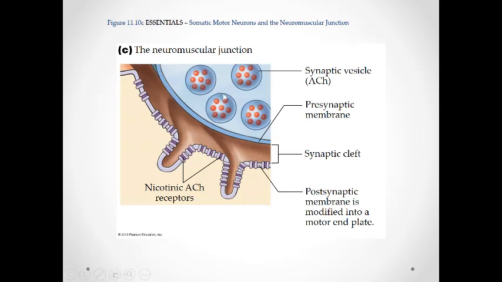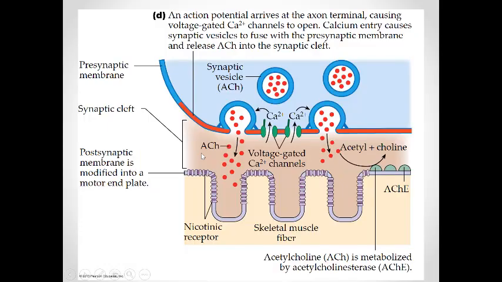And so the synapsing between the motor neuron and the muscle works very similar to neurons. So you have your synaptic vesicle filled with acetylcholine. It's going to synapse to the axon terminal or the presynaptic terminal. It's going to release the neurotransmitter. It's going to cross and bind to the nicotinic acetylcholine receptors here, that are part of the muscle.